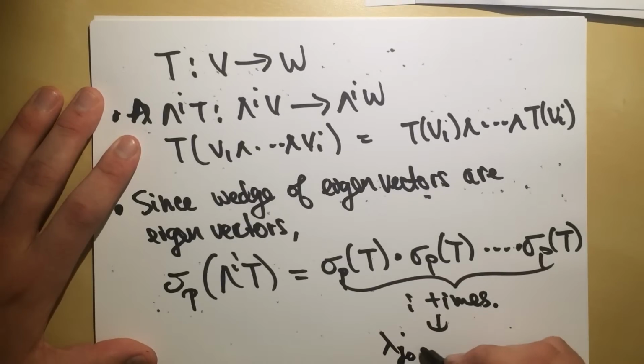Let's say lambda j0, j1, up to lambda ji.